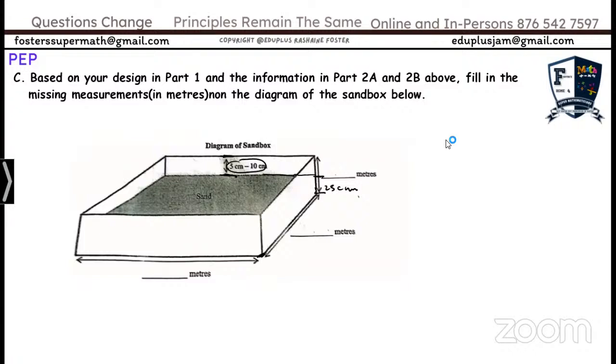So we're going to add 5 to that, or 6, or 7, or 8, or 9, or 10. So the answer can be anywhere from 30 centimeters to 35 centimeters.